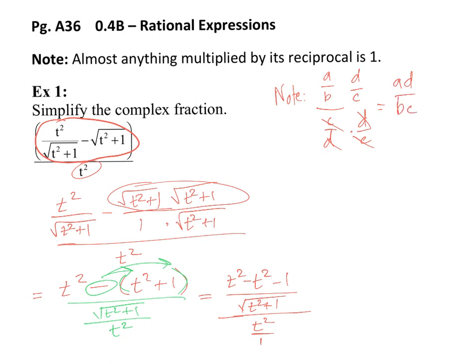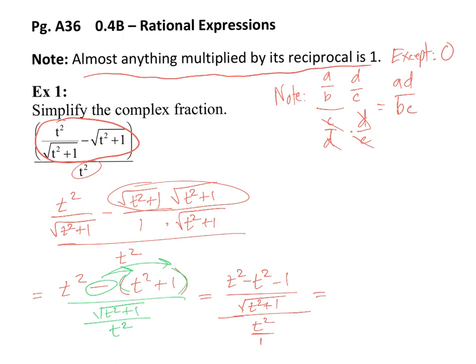So that's what we're going to do on the bottom here. And also, as the note above says, almost anything multiplied by its reciprocal is 1, except for what? That would be 0, because multiplying by its reciprocal would result in a fraction that's undefined.